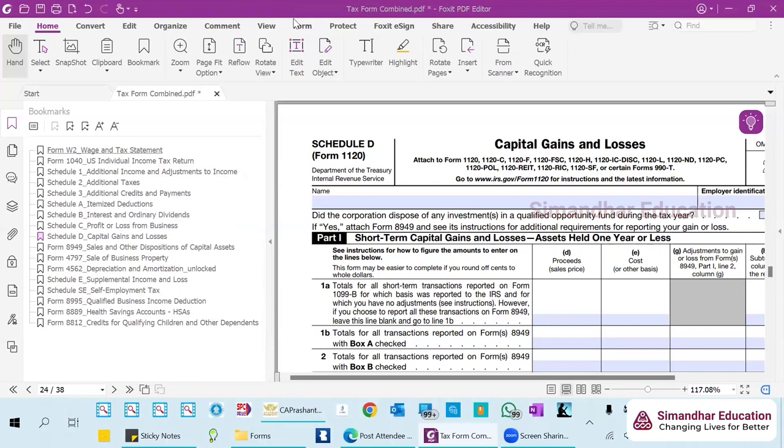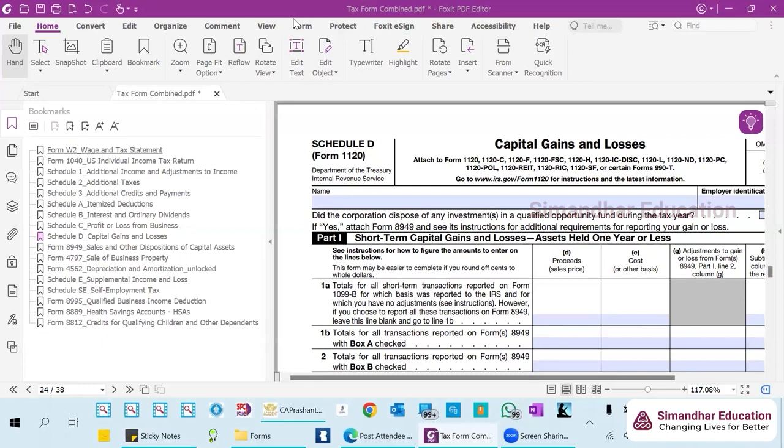Why is it schedule and form? Form is something which you file. Schedule is something which is like an attachment. You want to file something with the IRS, that's a form. Without that schedule, that form is not even valid.